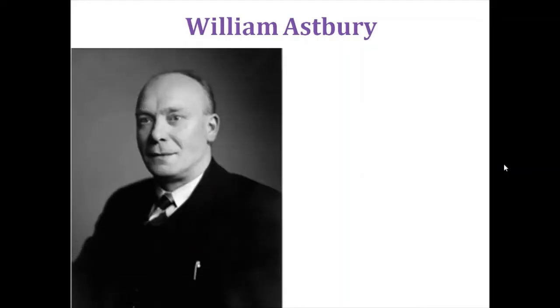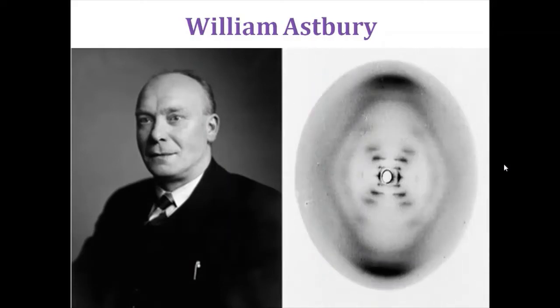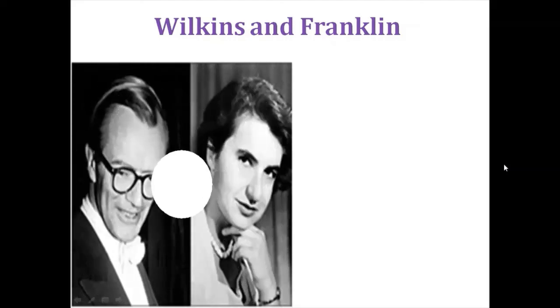Structure of DNA. William Astbury used the X-ray diffraction method for the first time to examine the 3D structure of the DNA molecule. Later, Wilkins, Franklin and Gosling got some good photographs of DNA by X-ray crystallography.